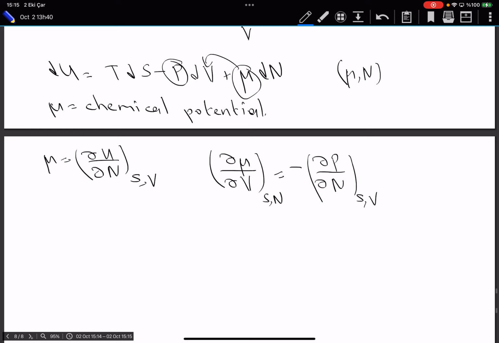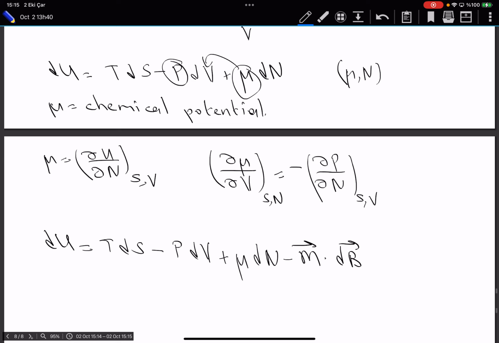You can imagine a system in a magnetic field and then ask yourself the question, how much the energy changes if you change the magnetic field? Well, that is the magnetization of the system.